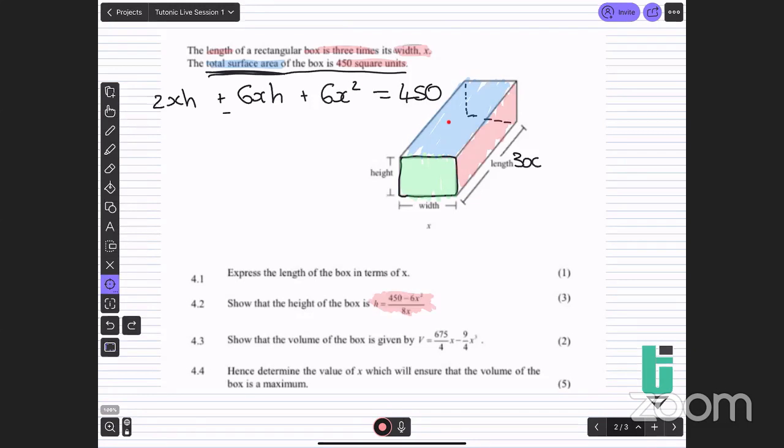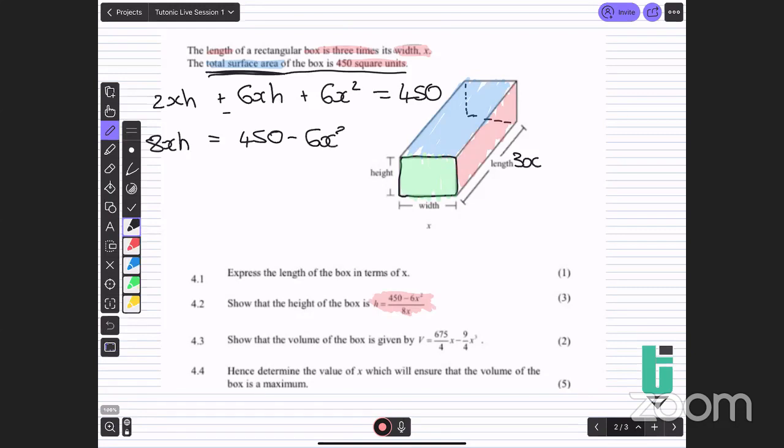So let's solve for h. Let's first take the 6x squared over, so it becomes 8xh. Sorry, it's like terms, algebra, equals 450 minus 6x squared.